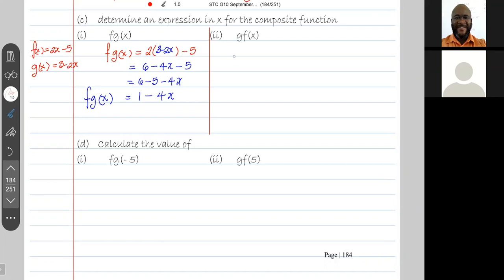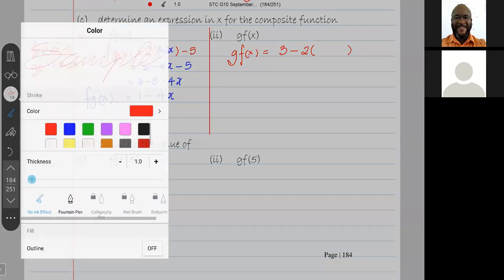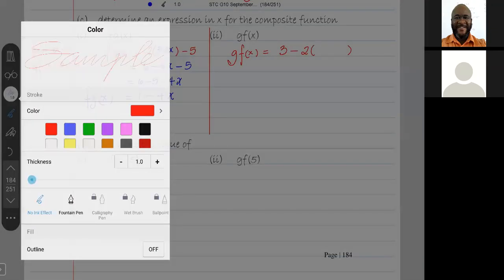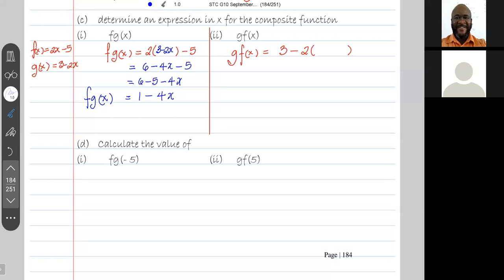So for g of f of x, I'm going to start by writing the g function. Now the g function is 3 minus 2x. But wherever I see x in g, I'm going to take out x and put f, and the f function is 2x minus 5.